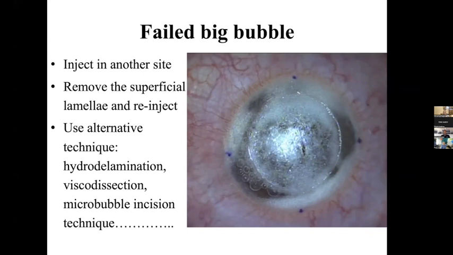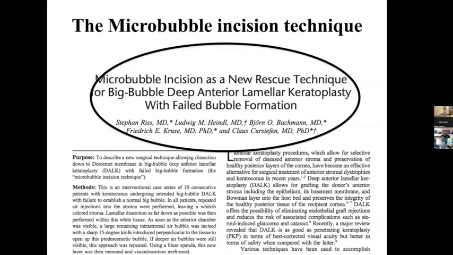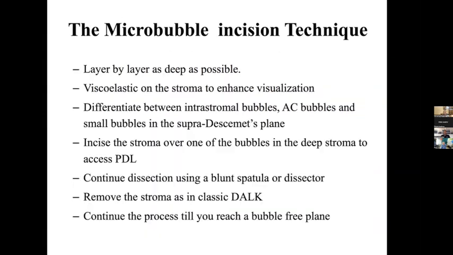For me, I prefer the microbubble incision technique previously described by Rice et al. And this technique, in short, you can do layer by layer dissection using the crescent knife, and then put a viscoelastic on the stroma to enhance visualization.